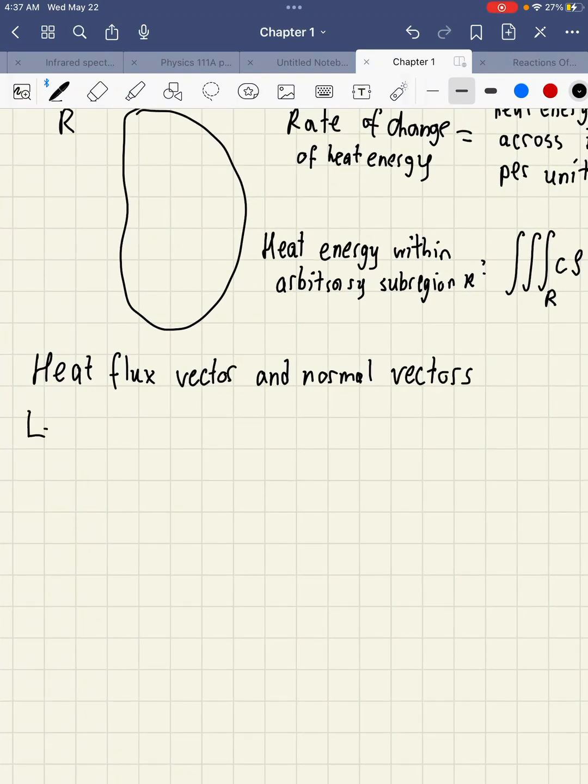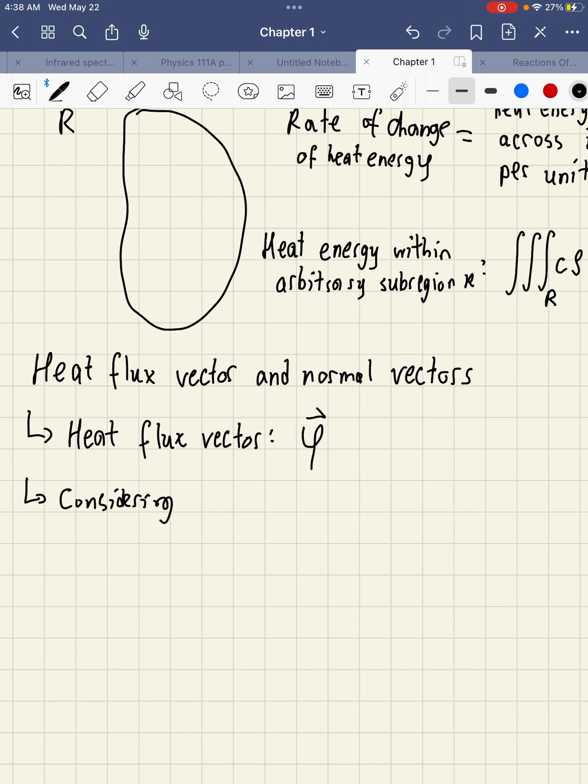So our heat flux vector is gonna be symbolized as our heat flux, with the vector symbol. The magnitude represents the amount of heat energy flowing per unit of time per unit of surface area.